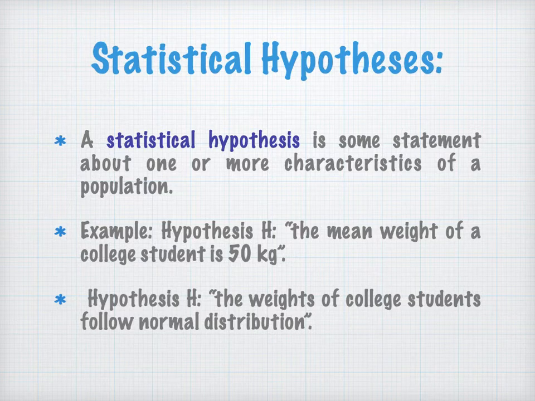If we check the weights of the college students and fit them to a particular distribution, that distribution will be the normal distribution, is what the second hypothesis says. The first statement was a general one, about the mean weight, so the mean was the factor. The next one is about the weights: the weights follow a particular distribution.